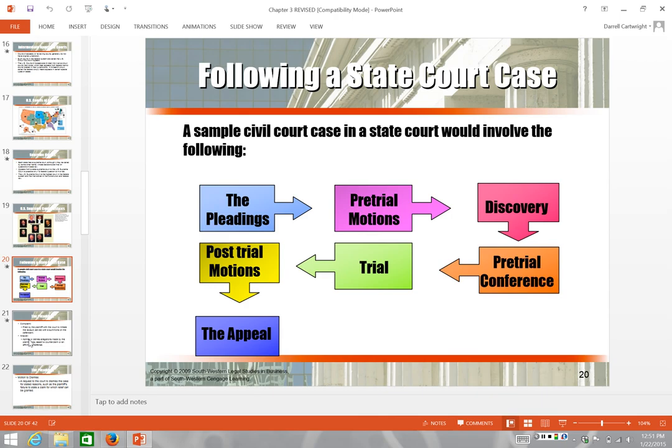As we discussed last time, that doesn't necessarily mean that just because you didn't like the result, you can appeal. You must establish some sort of error that occurred at the trial court level in order to have a basis for a good appeal.